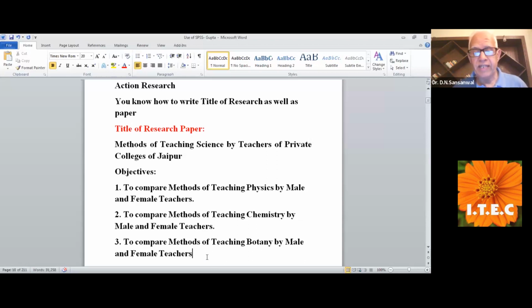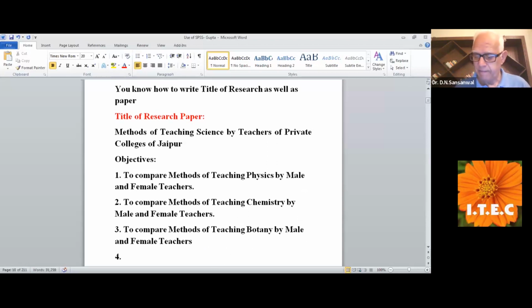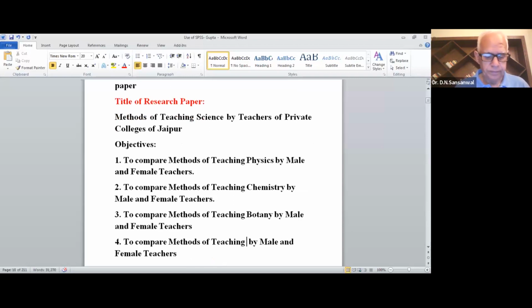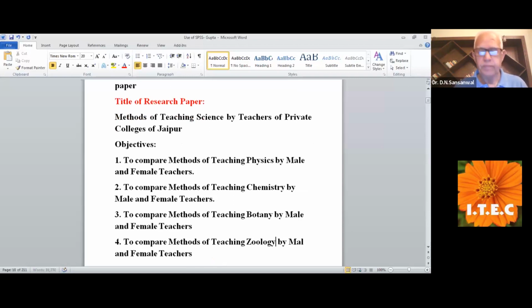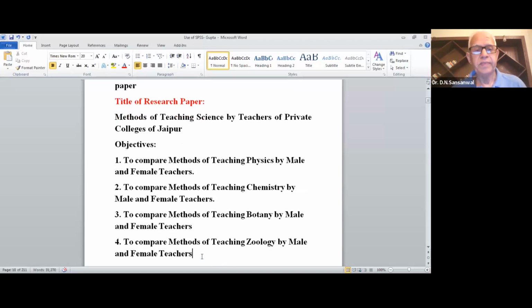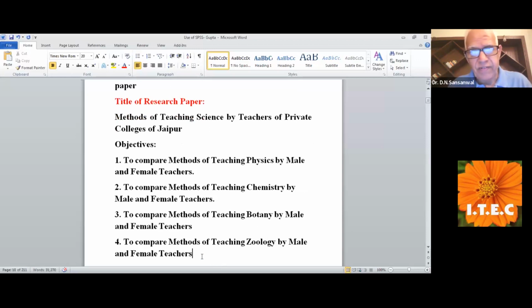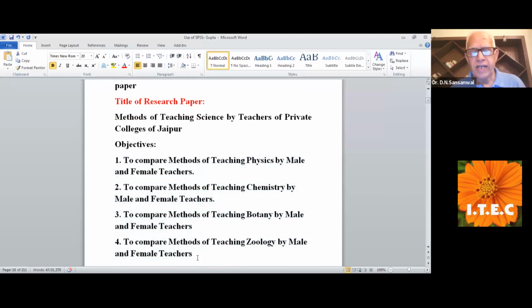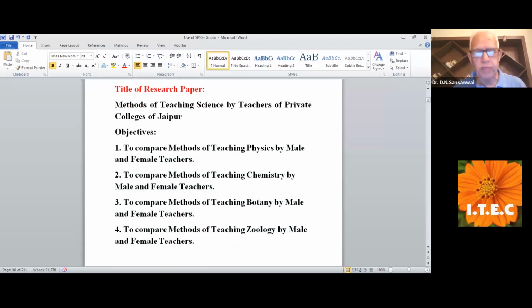Then I can have another one: methods of teaching geology. I can have. Now, if you like, I can have like this also. So I can write as many objectives as you like, no problem. But for paper, please don't write so many.